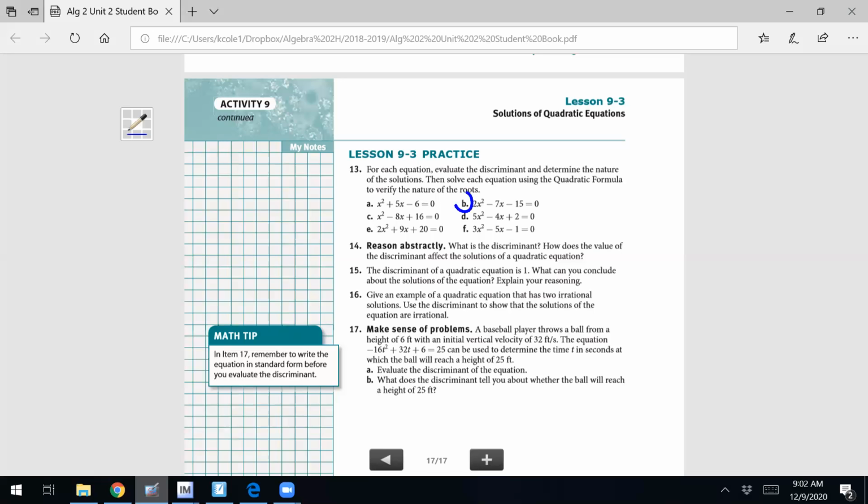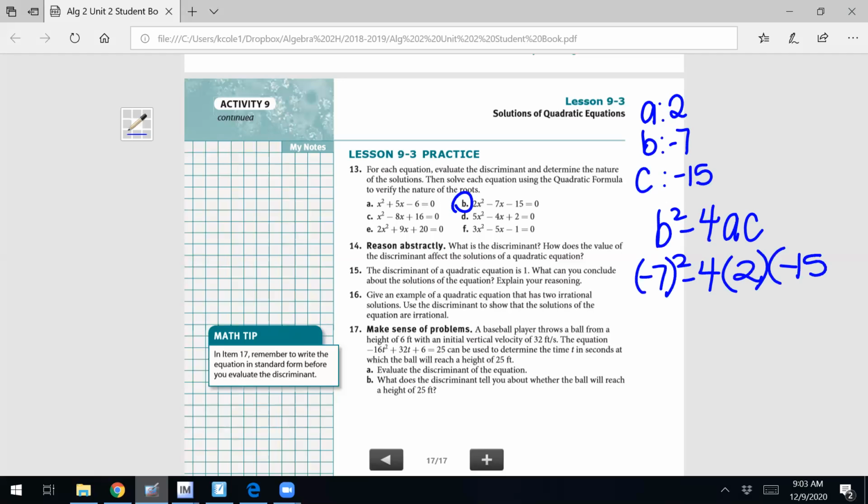Okay, so A is 2, B is negative 7, C is negative 15. So I'm doing B squared minus 4AC. So B squared would be negative 7 squared minus 4 times 2 times negative 15. Now, negative 7 squared is 49.